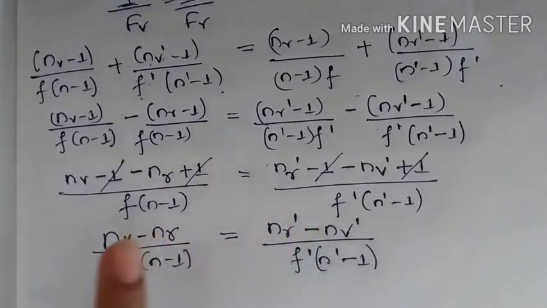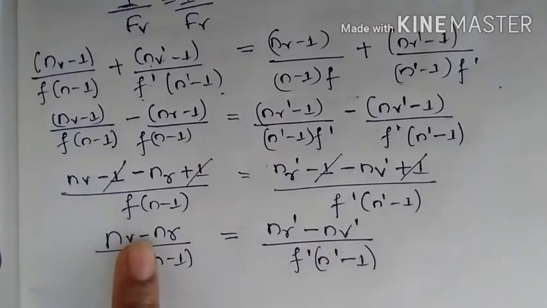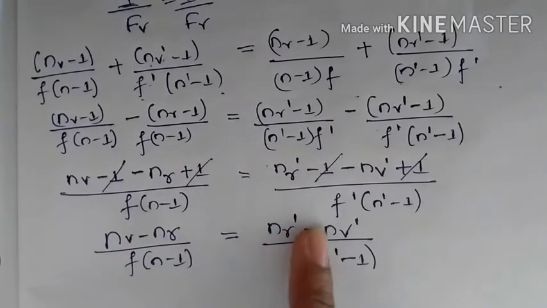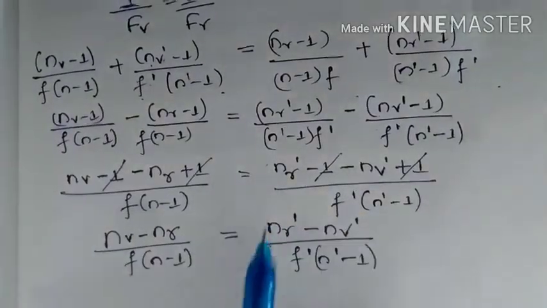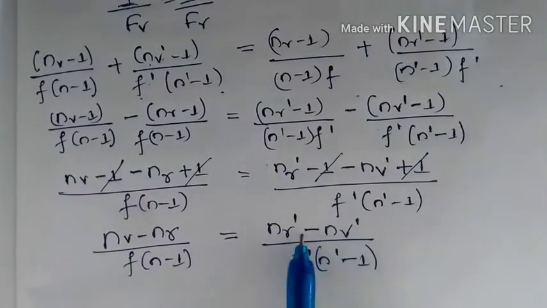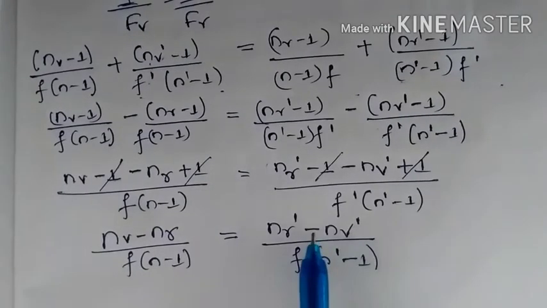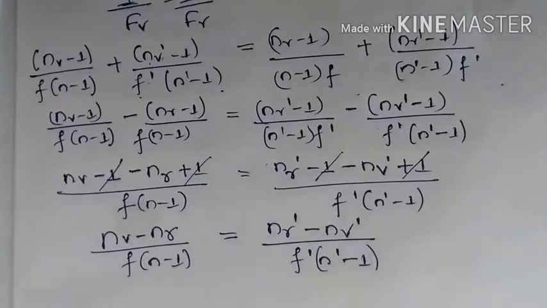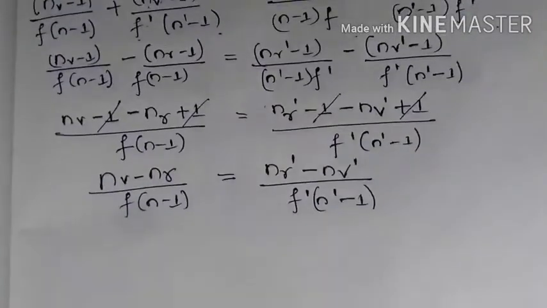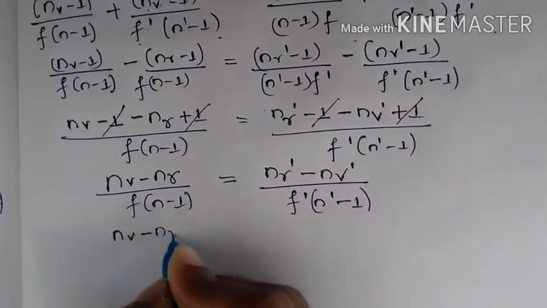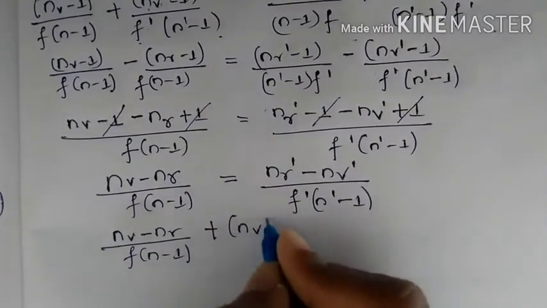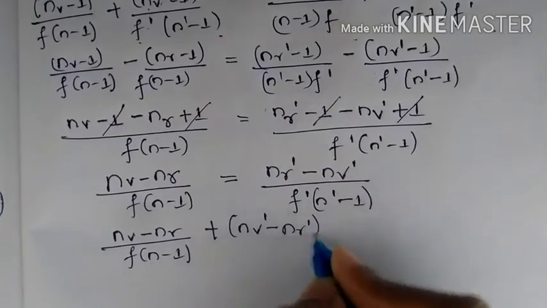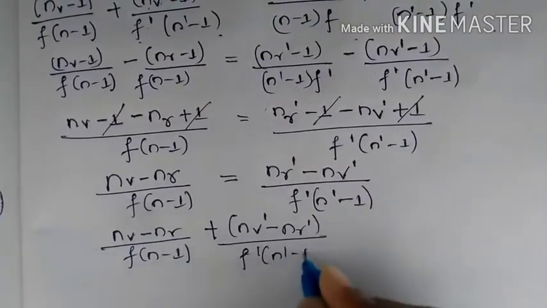So if you take this term to this side, that will become minus (nR prime minus nV prime) divided by F prime (n prime minus 1). So if you take this minus to this term, then what will happen? This minus will become positive, so that means nV prime minus nR prime. So let me write (nV minus nR) divided by F (n minus 1) plus (nV prime minus nR prime) divided by F prime (n prime minus 1).